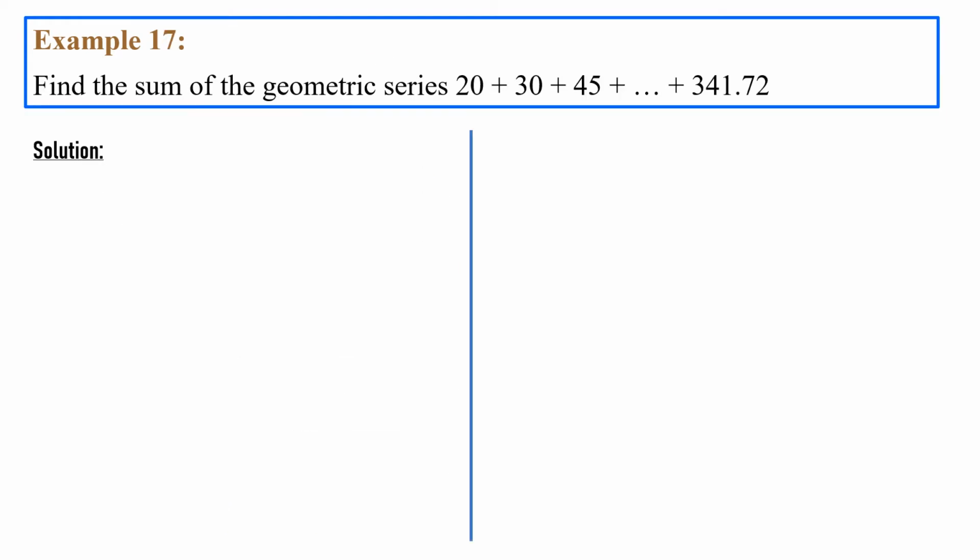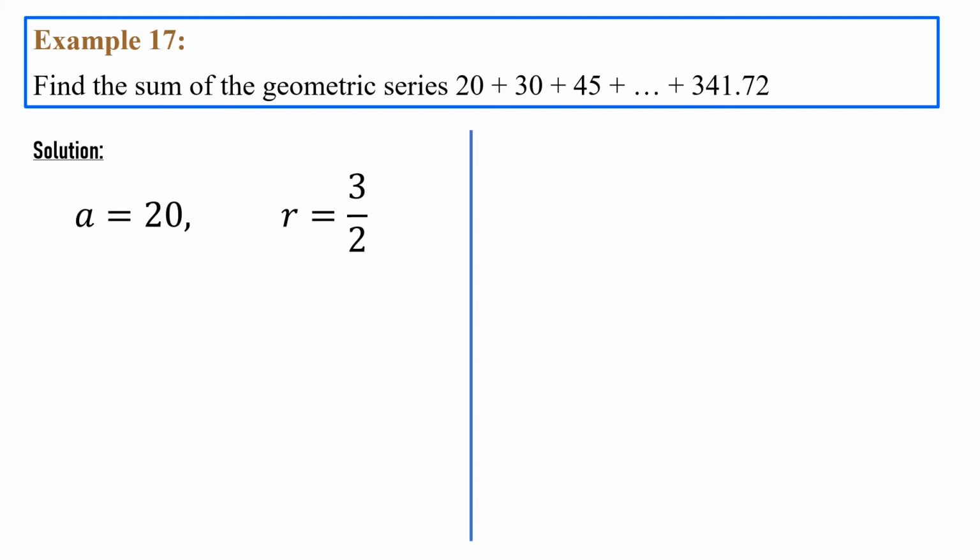Example 17. Find the sum of the geometric series 20 plus 30 plus 45 up to 341.72. First of all, we need to determine the value of A and R. So A is equal to 20 and R is 30 divided by 20 and we get 3 over 2. To get the sum of the given series, we need to find the number of terms, and we are already given the last term is 341.72.